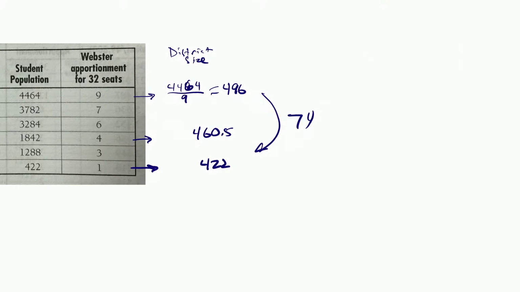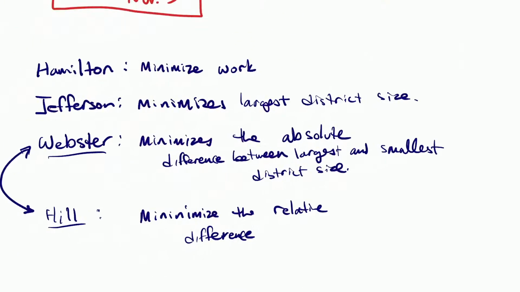So in this case, 74 divided by 422 is 17.5%. It feels like those should be the same, that if you minimize this number, you'll be minimizing that number, but interestingly, it's not exactly the same. It's just a slight difference between those two, and I'm intrigued by how to visualize that difference.